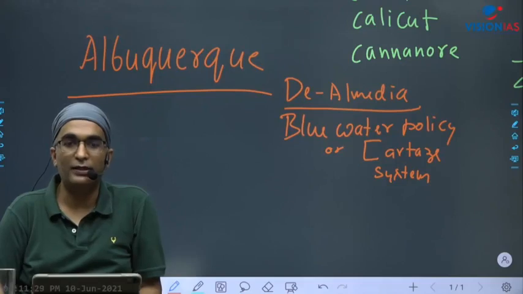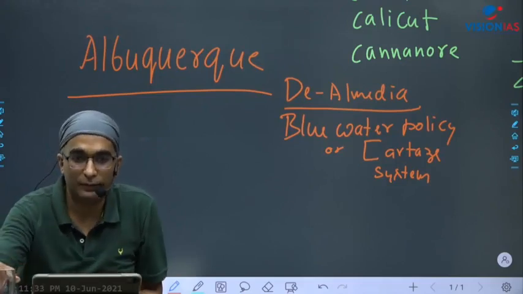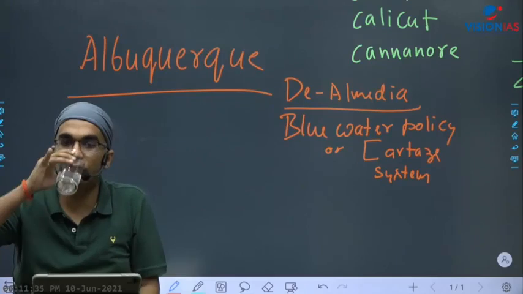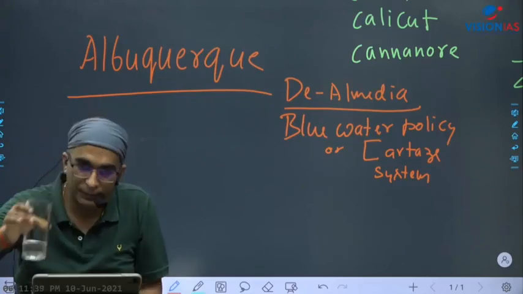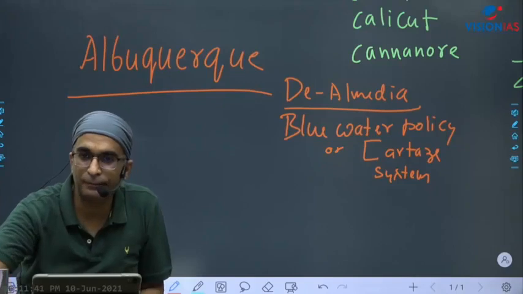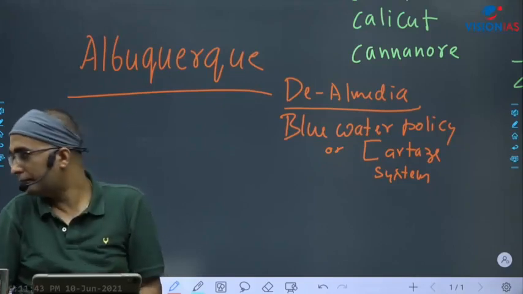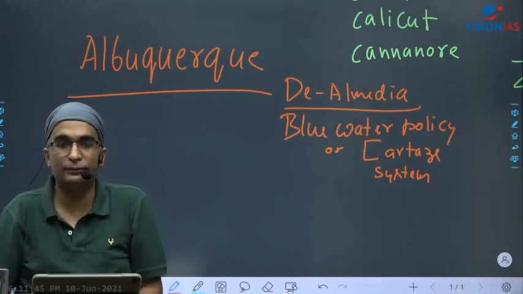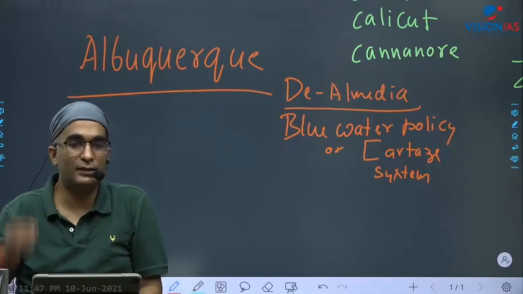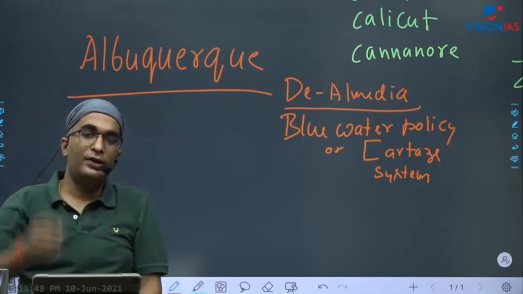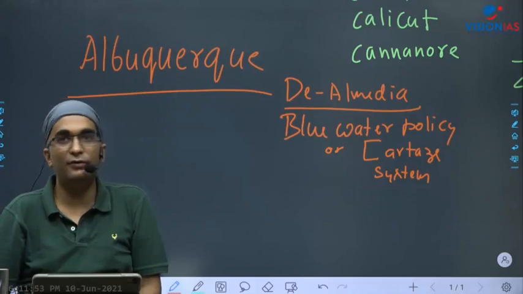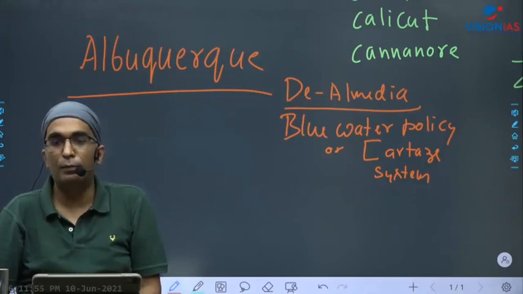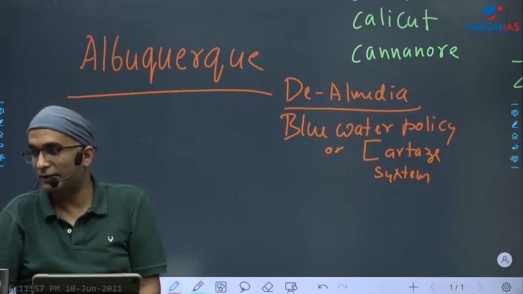So, Albuquerque was appointed viceroy in 1509. Then you write, he is considered as real founder of Portuguese power in East.